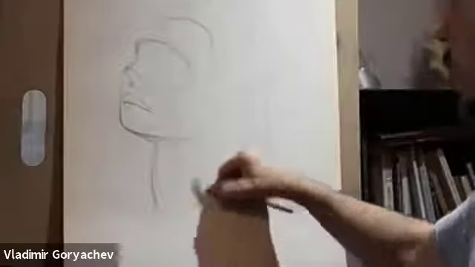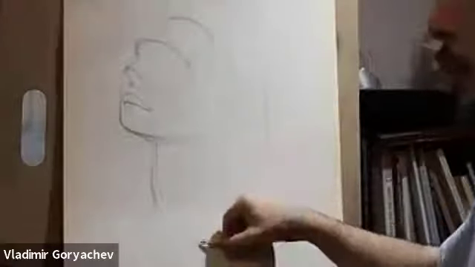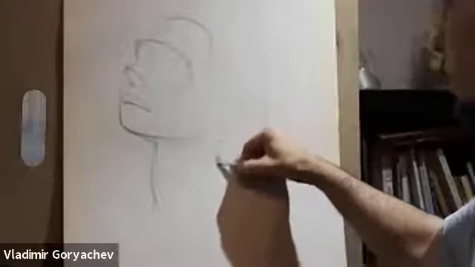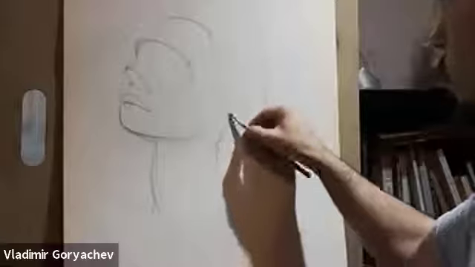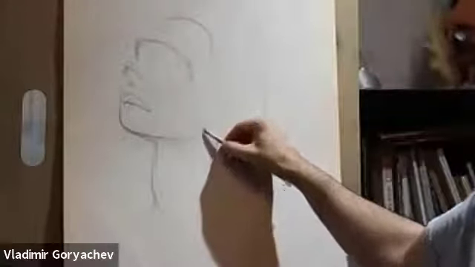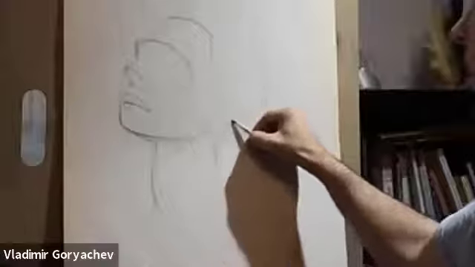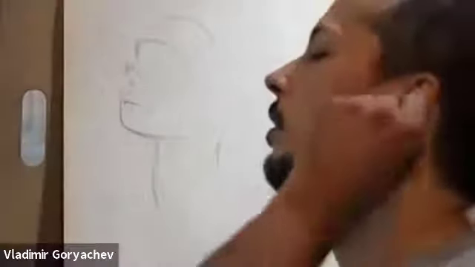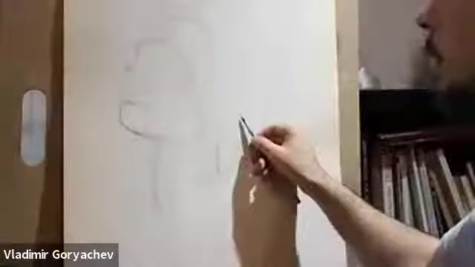It splits into two. How does it join with the muscle over here? All the overlappings that happen there. Where's the ear? The ear is pretty low. It's another way we can think that, you know, the head is really tilted. The ear just keeps going down.